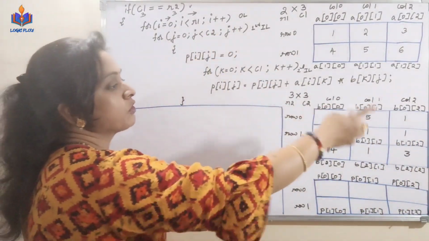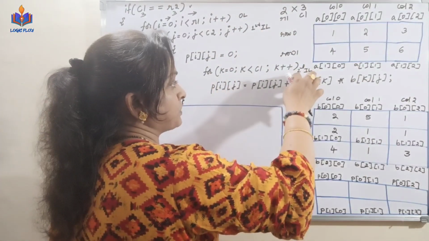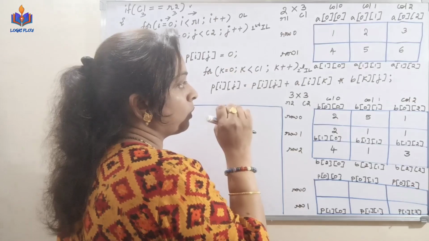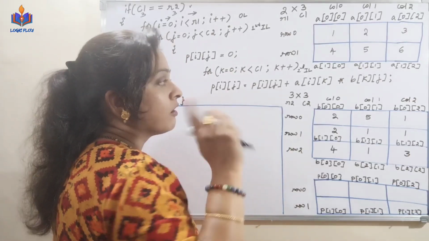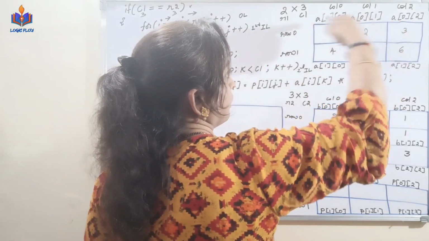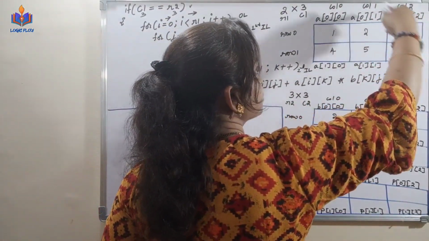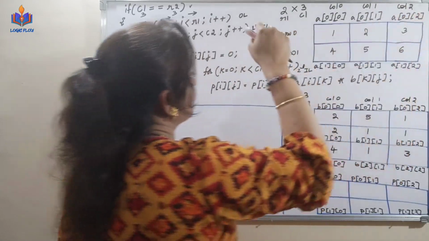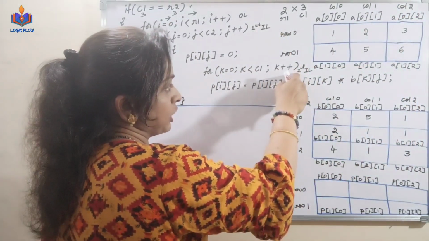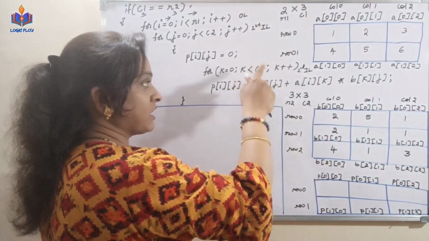Then you have one more inner loop, the second inner loop. When I get into the first row I need to get into every column. These columns are taken care of by the second inner loop, that is the columns of the first matrix, so it is C1.